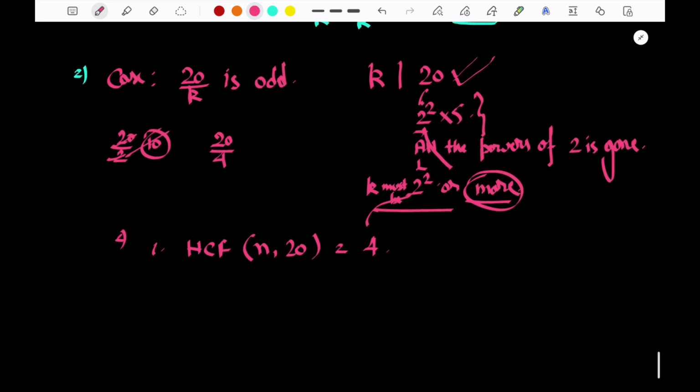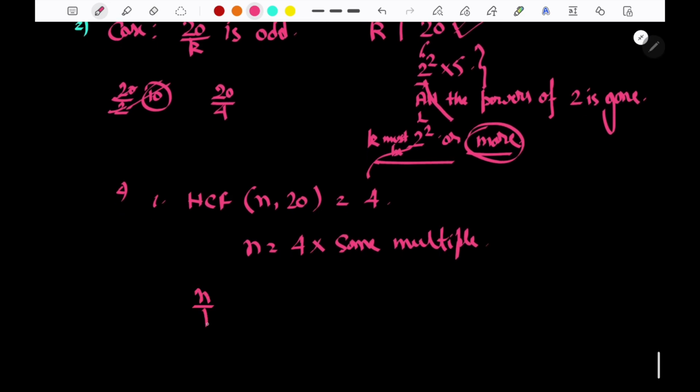So HCF of n comma 20 is 4. So it means n is equal to 4 into some multiple, and n by 4 is odd. So n is equal to 4 into some odd number.